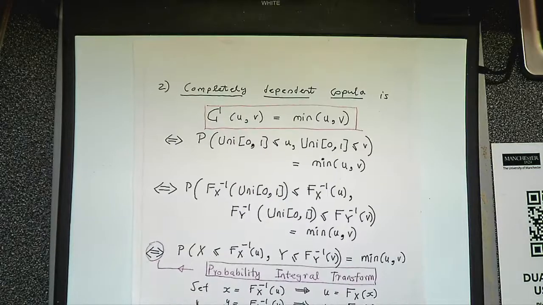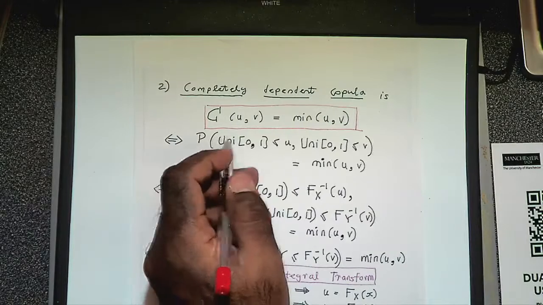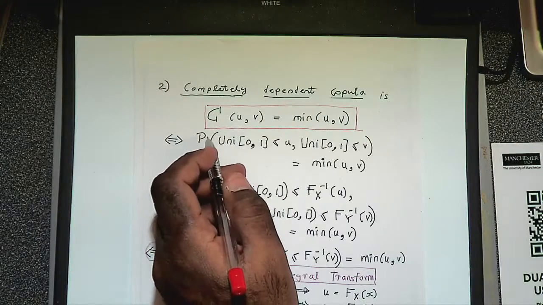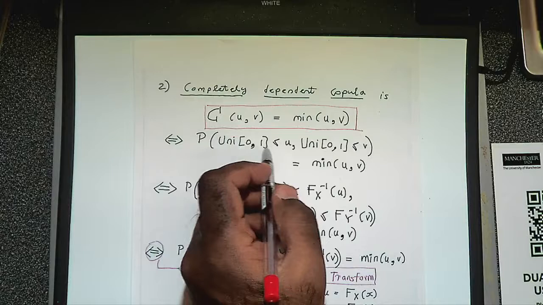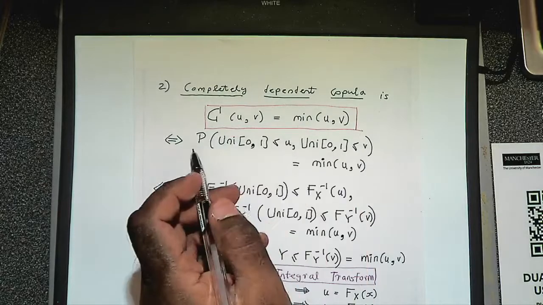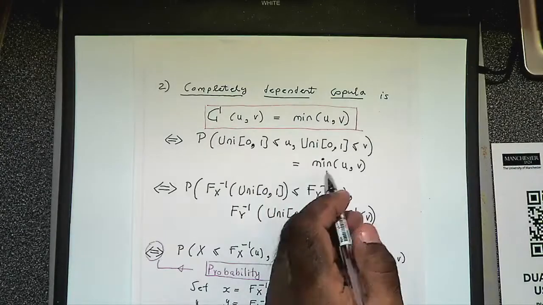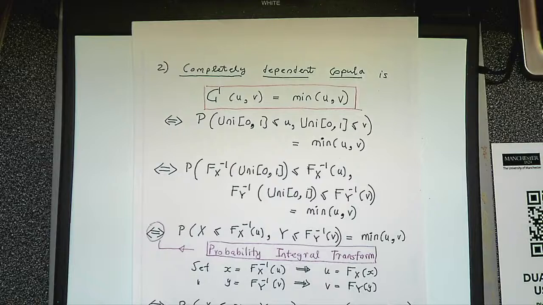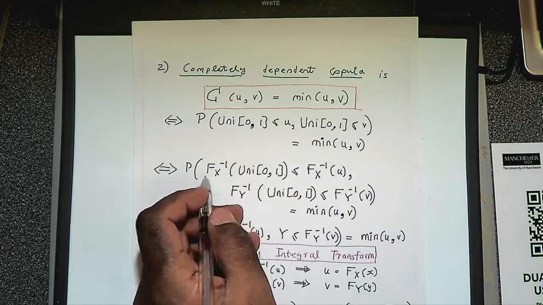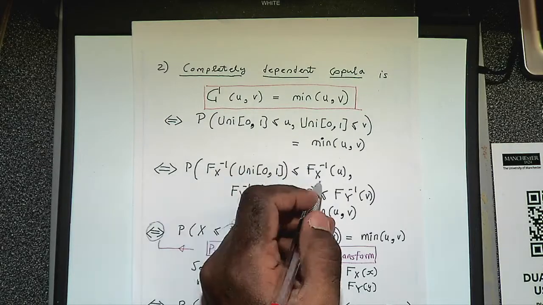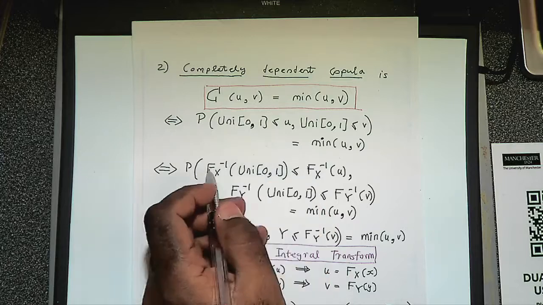So the process is the same. The first step is to write down the definition of C at u comma v, which is this, equal to the minimum. And the next step is to take on both sides of this inequality the inverse function of x, right?